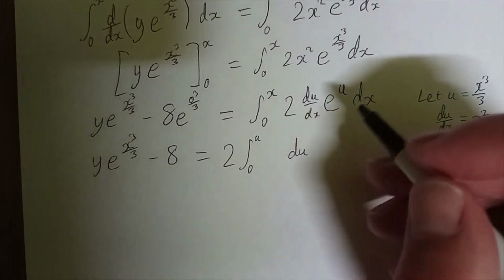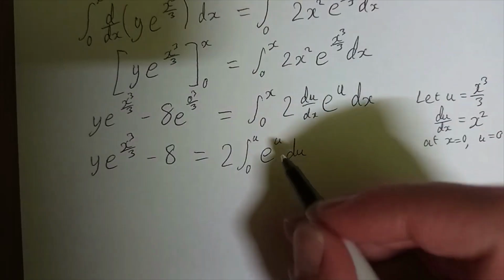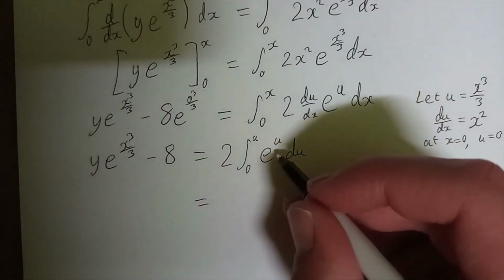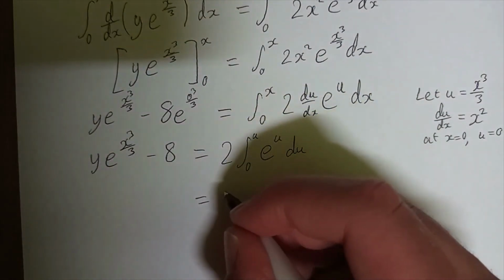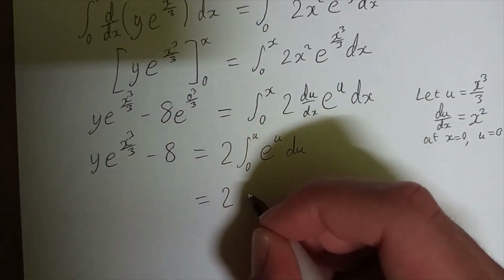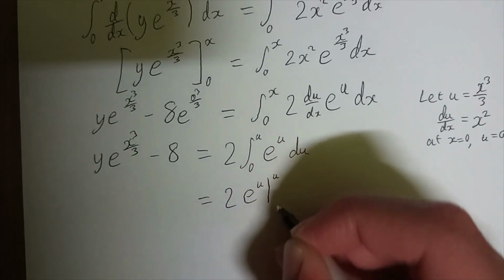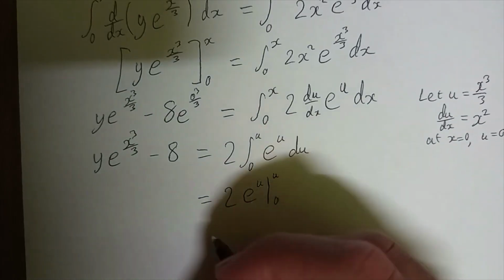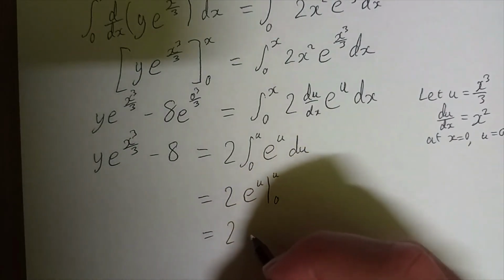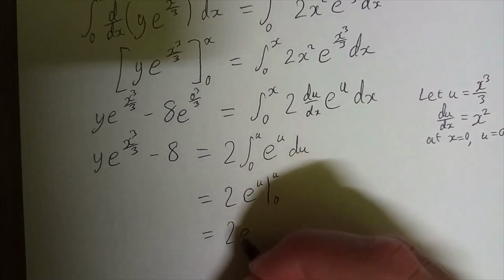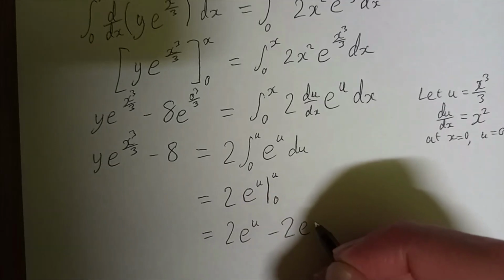So I've just got this e to the u term within the integral. The integral of e to the u will just be e to the u itself. So we've got 2 times e to the u evaluated at u and 0. That's 2 times e to the u minus 2 times e to the 0.